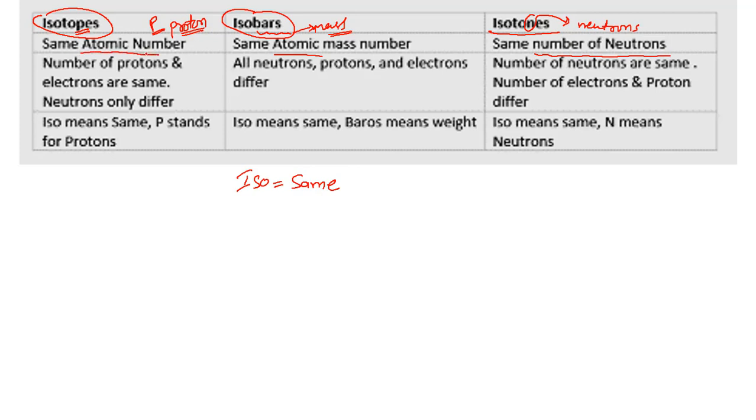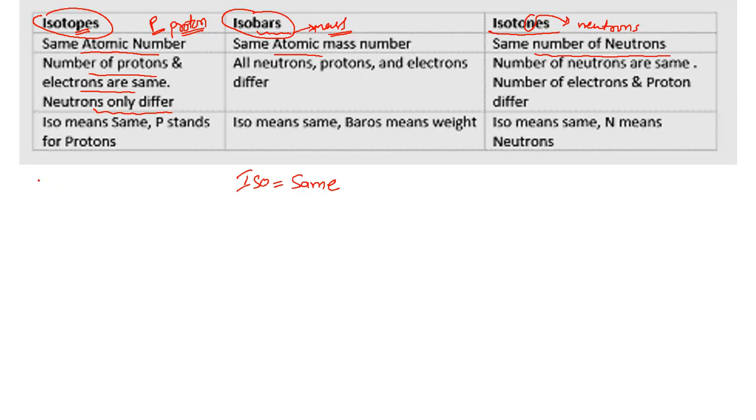Okay, the first point is clear. How to remember? Isotope, P for protons; isobar, mass; isotone, neutrons. Now the definition: the number of protons and electrons are the same, and neutrons are different in case of isotopes.